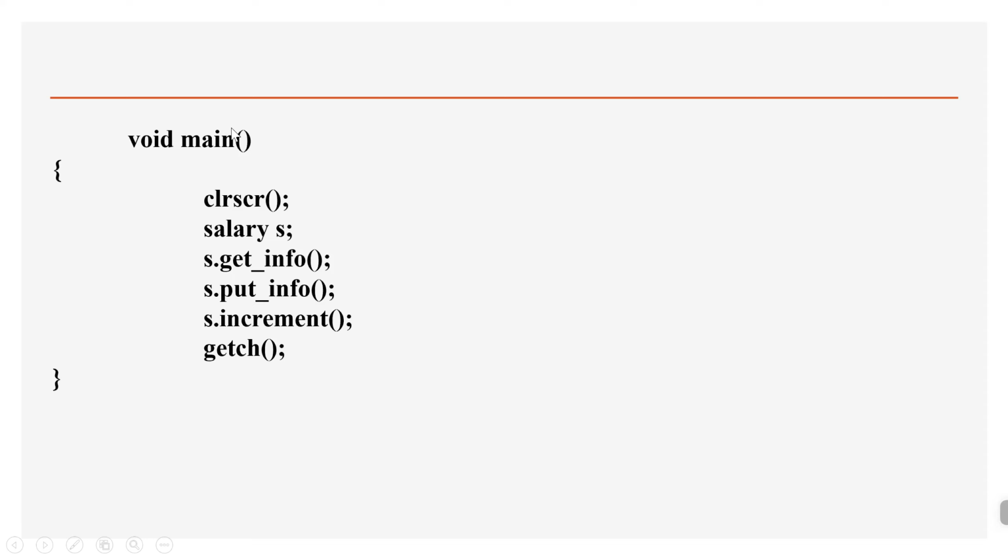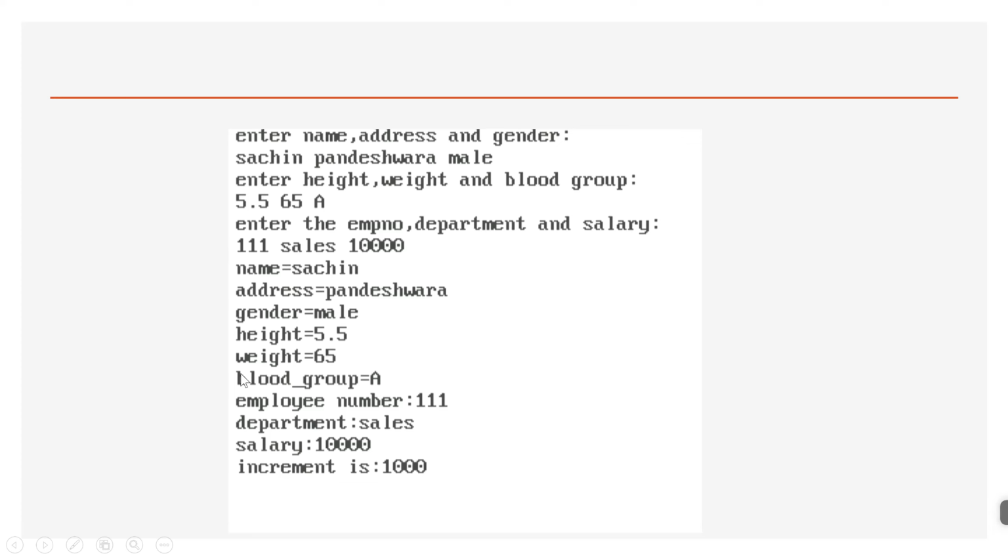Now in the main program, very simple, define an object of the derived class to get the info wherein 9 different pieces of information will be given. Put the info, and the 9 pieces of information will be displayed. Increment is going to calculate an increment based on the gender and the sales and purchase department. So this is the program.